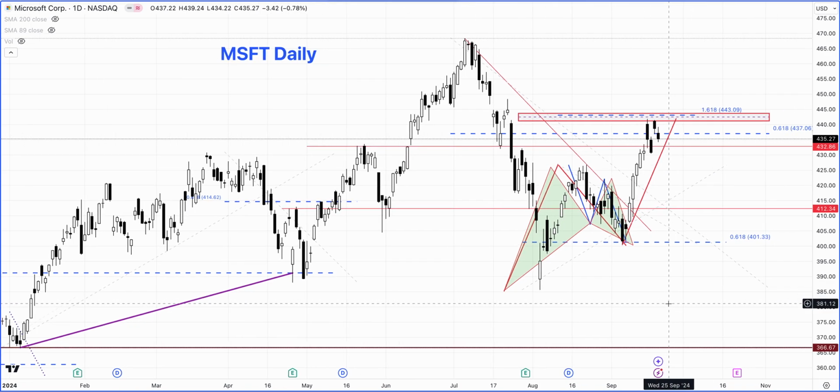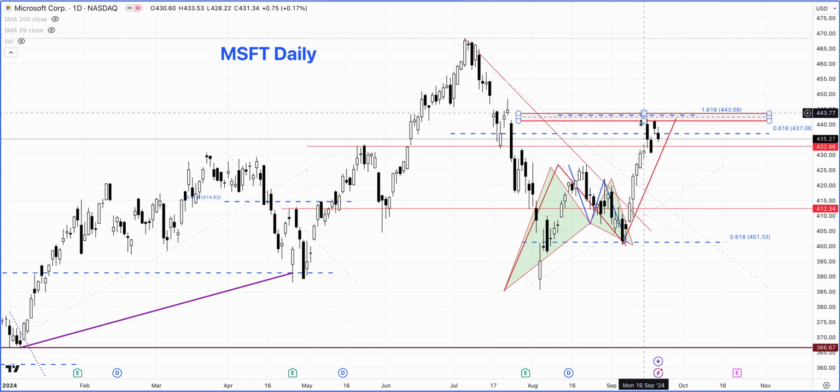Some of the money which went into these Magnificent Seven stocks and has done fantastically well, maybe some investors might take some money off and put it into some of the depressed, from a price action perspective, stocks, which are more likely to benefit from a lower interest rate environment. For example, small caps. So I think it's nothing to do with the company itself, more with the rotational aspect of the market.